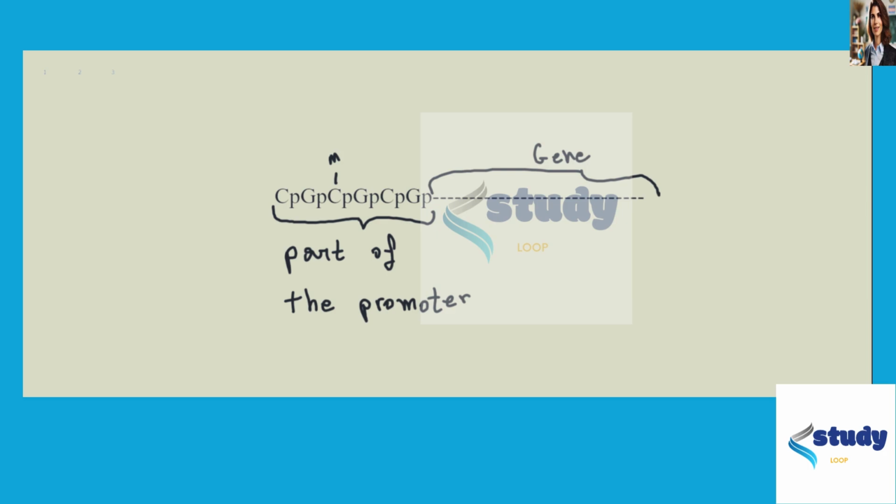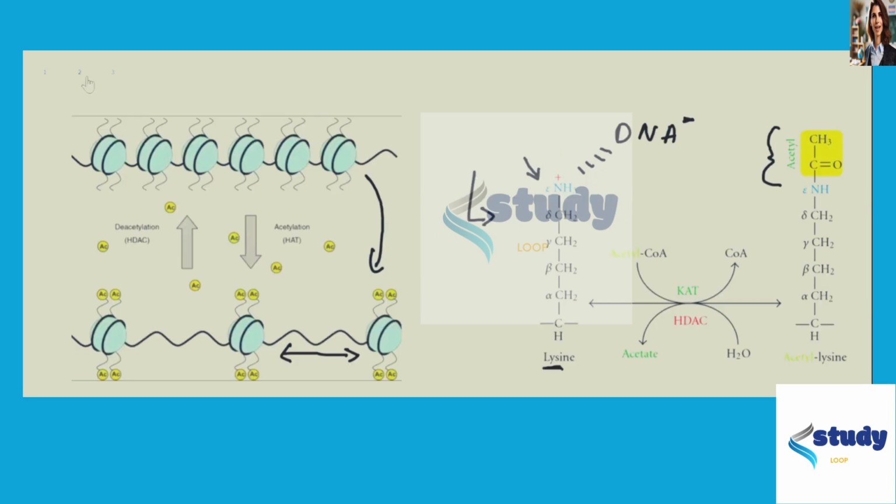And we don't really yet know the mechanism of how that happens. If you notice here, the addition of the acetyl group, which is hydrophobic, resulted in a looser structure. Methyl is also hydrophobic. Methyl is a C with an H, an H, and another H.